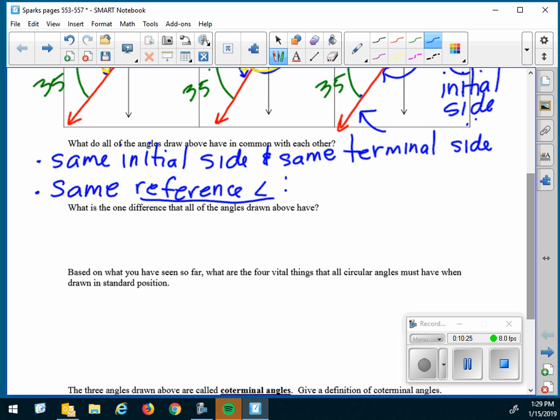So, reference angle is an acute angle with the side.